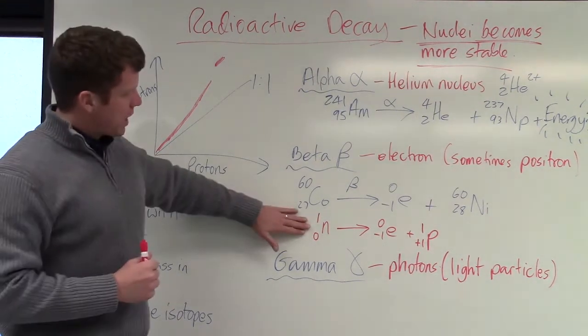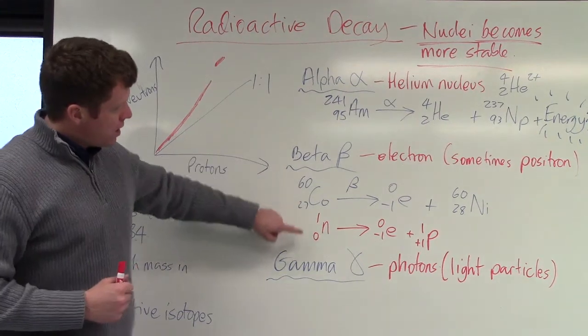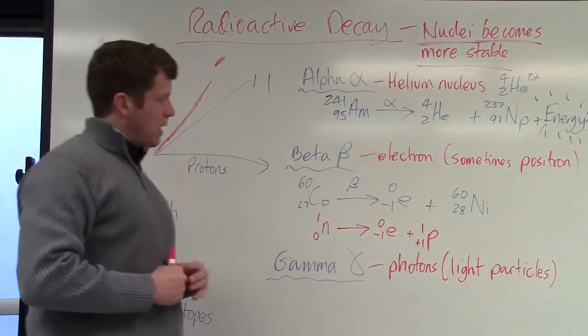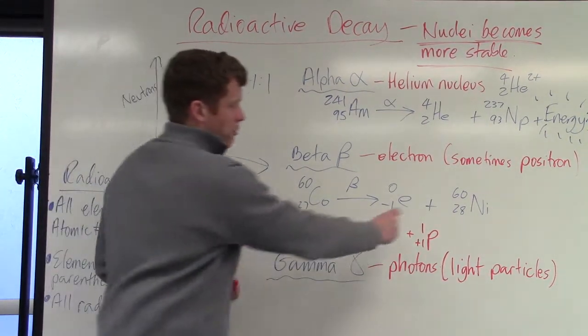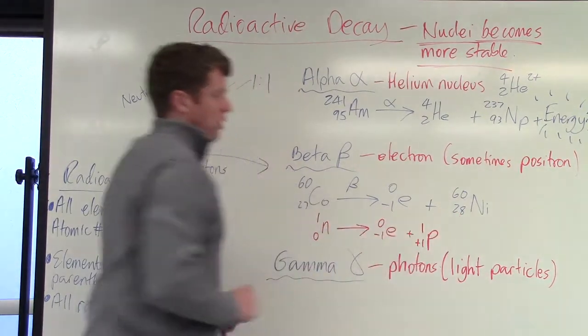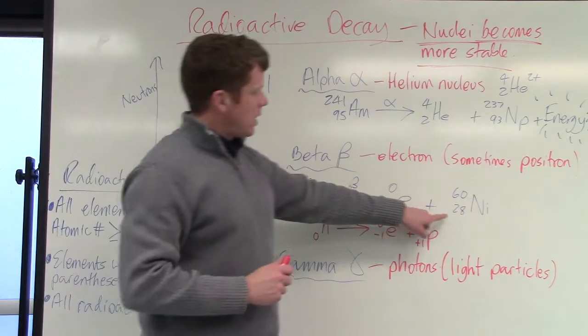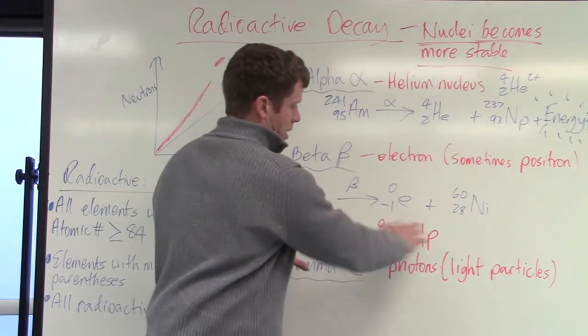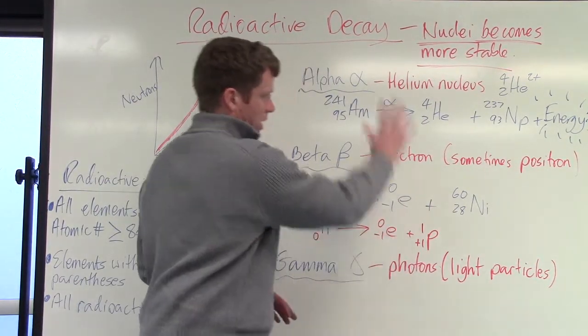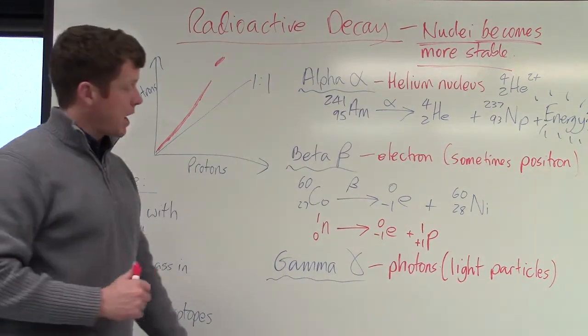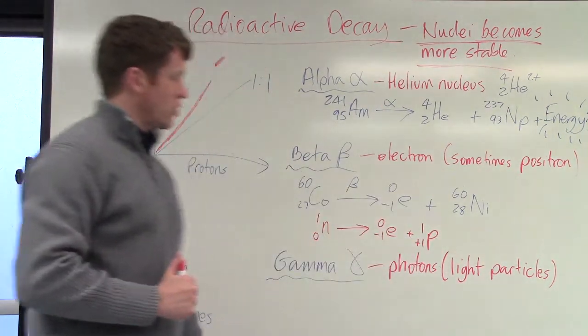So this neutron inside the nucleus of this isotope changes into an electron and a proton. The proton makes this number go up by 1. So it goes up to 28. So it starts off as 27. This happens. This particle gets released, goes off and combines with something else, and then you're left over with this version of nickel.